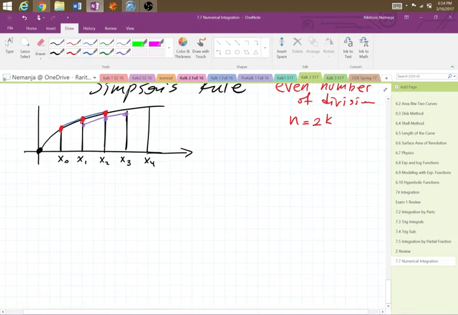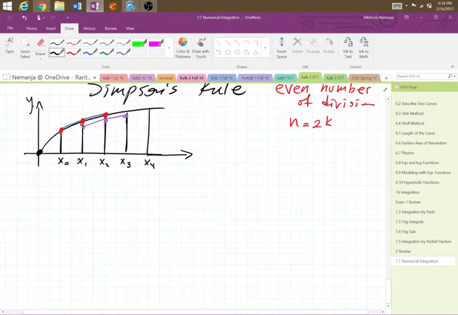So what's the formula? Again, you can derive this if you're interested. The derivation of this formula would be an honors Calculus 1 question for the exam or something. Area using Simpson's method is going to be delta x divided by 3. And now the pattern is 1, 4, 2, 4, 2, 4, 2, 4, 1.